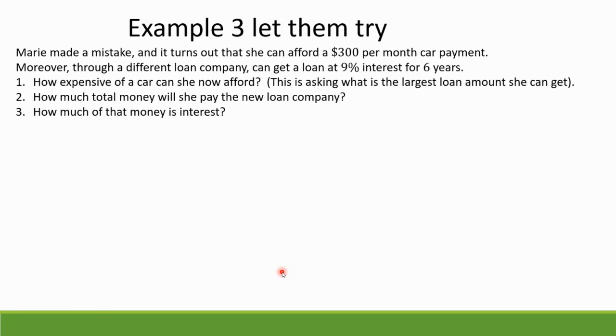It's actually the same problem. The only difference is that some of the numbers are different. Here, Marie can actually afford a $300 per month car payment. So she goes to a different loan company, and the loan she can get is at 9% interest, but now it's for 6 years.